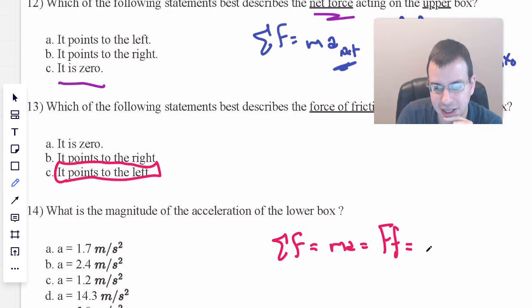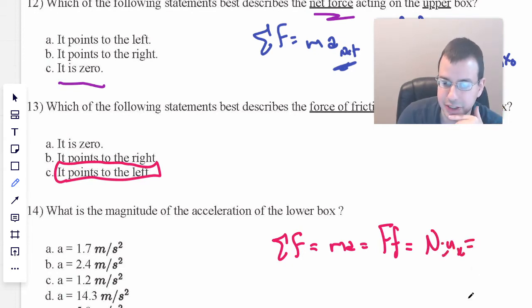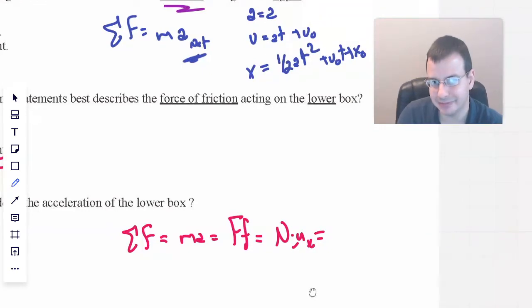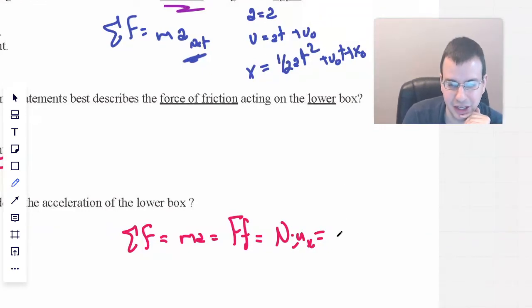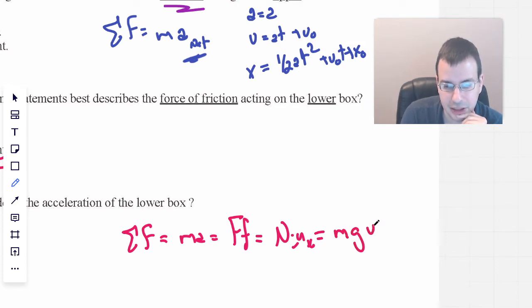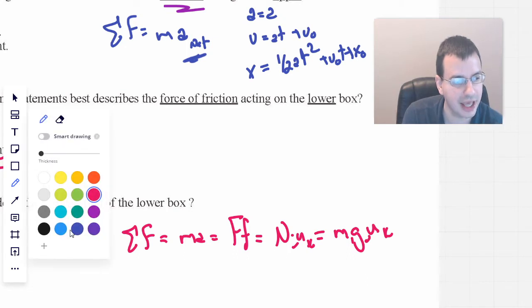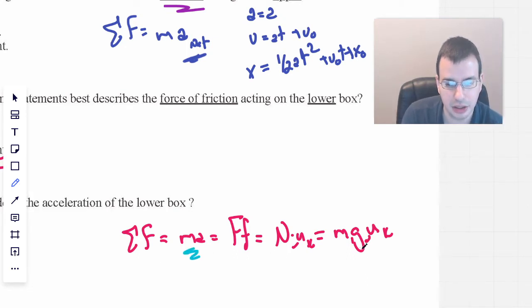Force of friction is normal force times coefficient of friction. That's something you should have memorized, and it's mostly true; it's an approximation. The normal force will be mass times gravity, times mu k, and this will be mass 1. The mass being accelerated is mass 2.